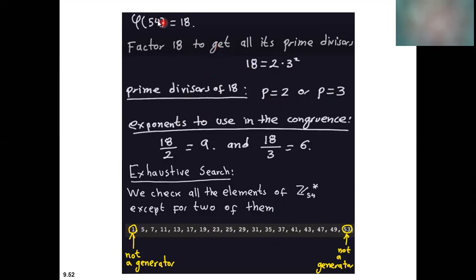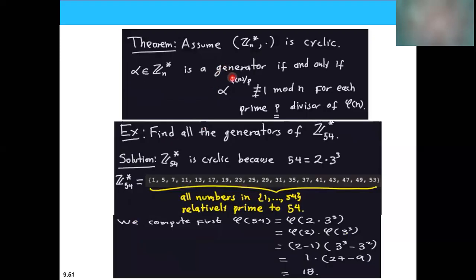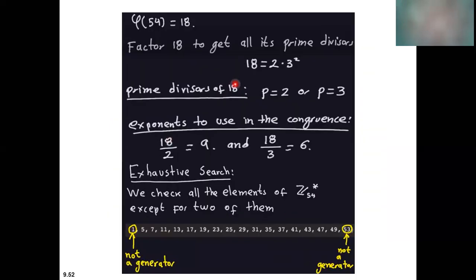Because phi of 54 is 18, I am just using the result that we check phi of n divided by p, where p is a prime divisor of phi of n. So I take p as 2 and p as 3, both prime divisors of 18. In that case, 18 divided by 2 is 9 and 18 divided by 3 is 6. So I have to check these.